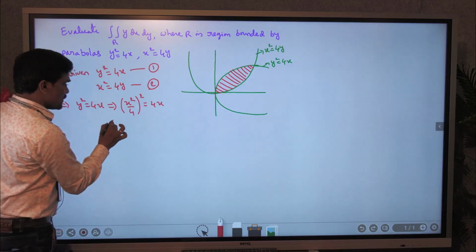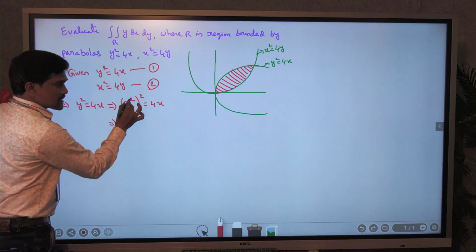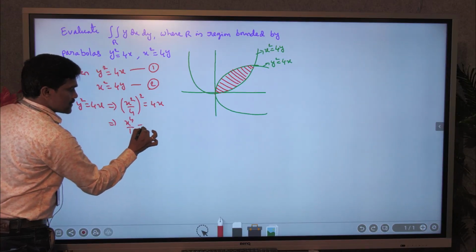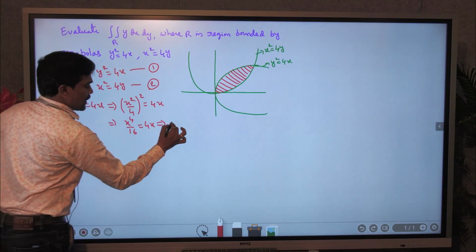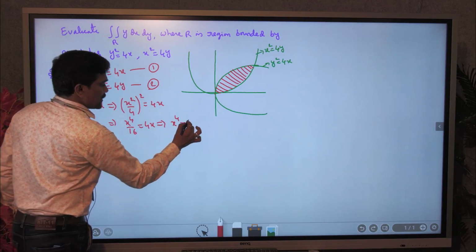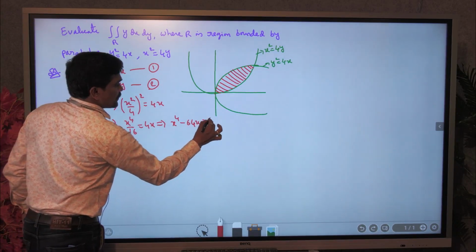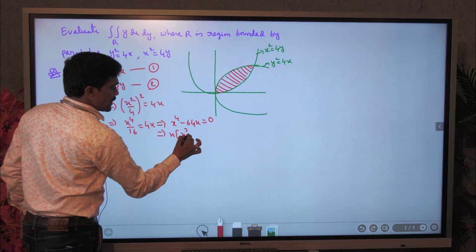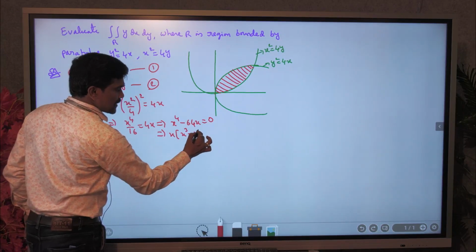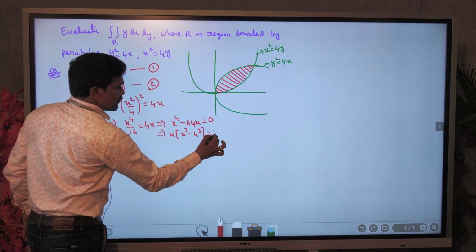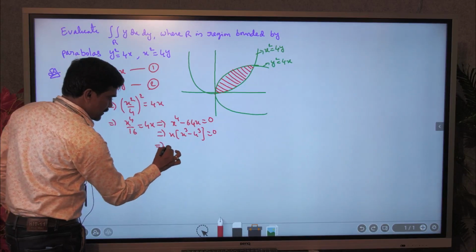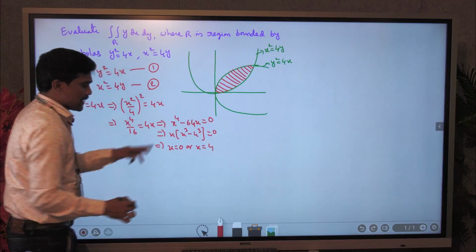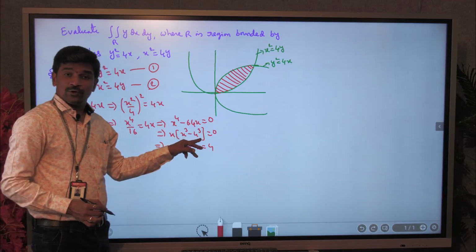Now simplifying this, x power 4 by 4 square, that is 16, is equal to 4x. That implies x power 4 minus 64x is equal to 0. Now take x common, here we get x into x cube minus 64. 64 can be written as 4 cube, is equal to 0. That's why here we get x is equal to 0 or x cube minus 4 cube is equal to 0.